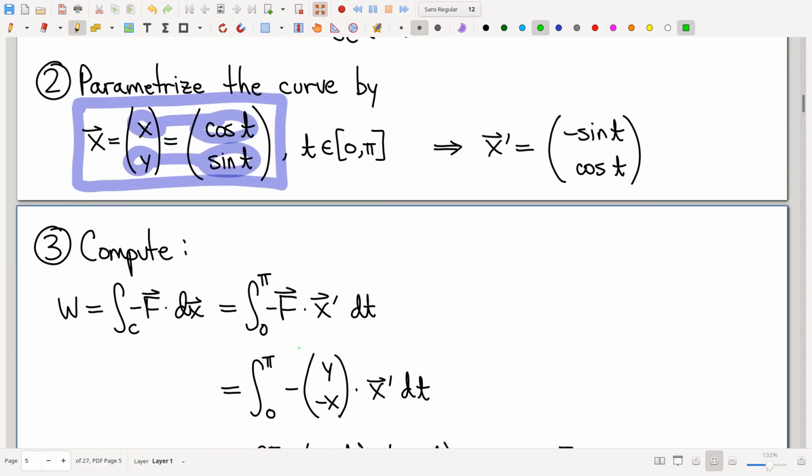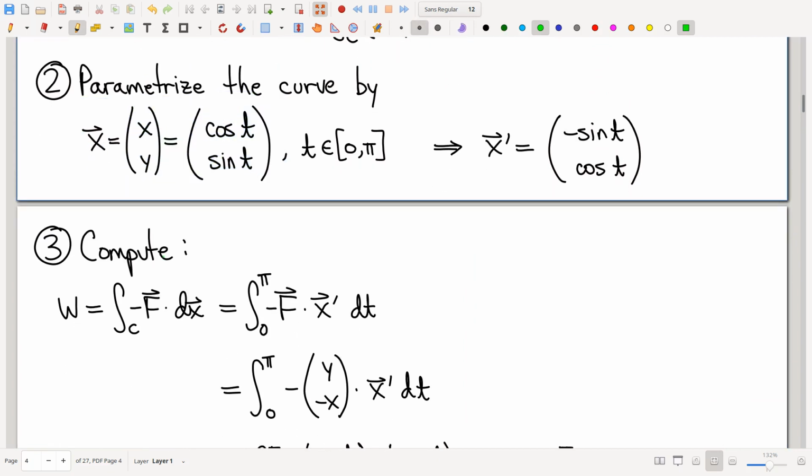All right, we parameterized, blah, blah, blah. And some students will make the case that, okay, here we were going from 0 to pi. That's what ended up making this counterclockwise. If I want to go clockwise, I could just go from pi to 0.